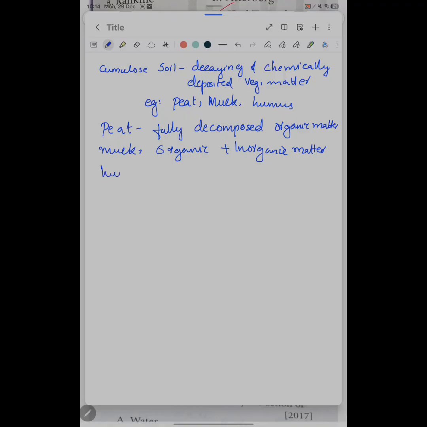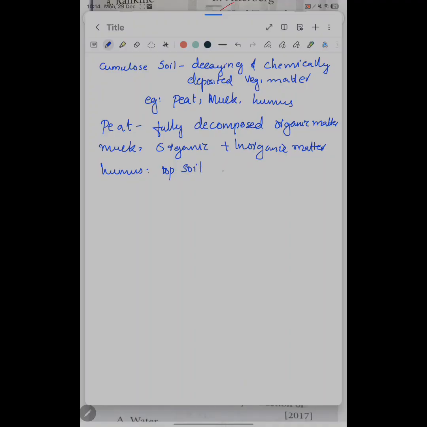Then humus is topsoil. It is the topsoil but partly decomposed organic matter.